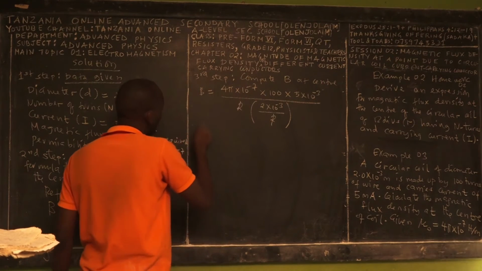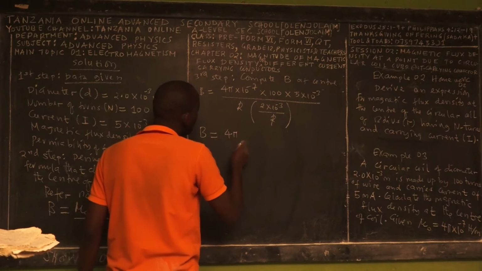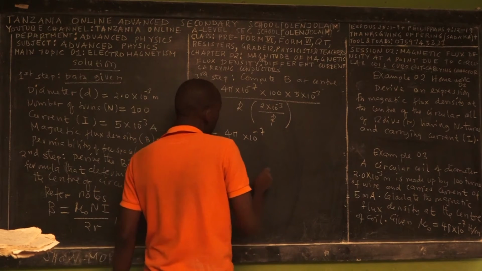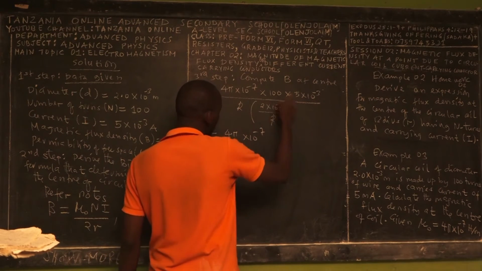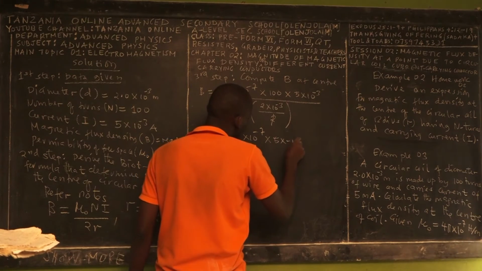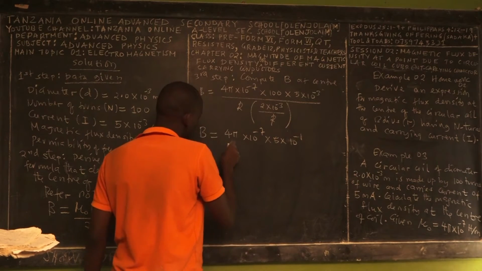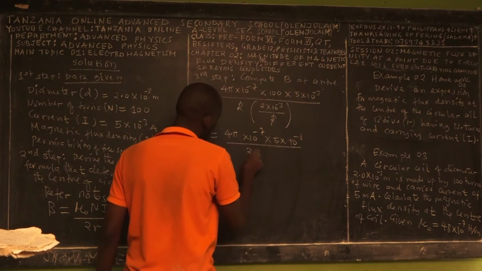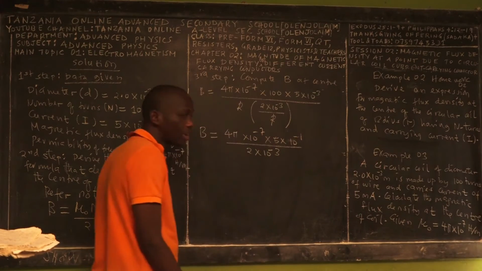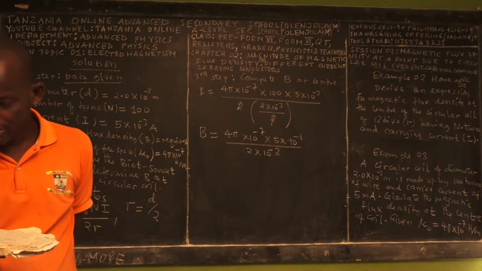We have the final magnetic flux density equal to 4π × 10^-7 times 100 times 5 × 10^-3, over 2 × 10^-3. So you use your scientific calculator, and the unit of magnetic flux density is Tesla.